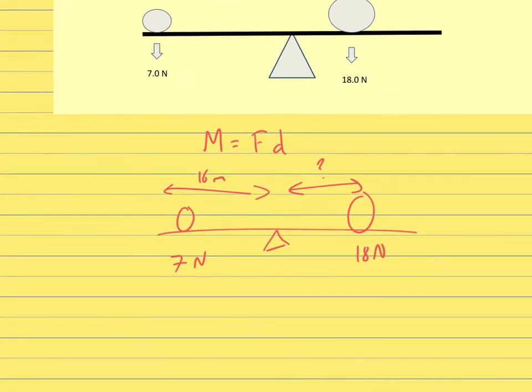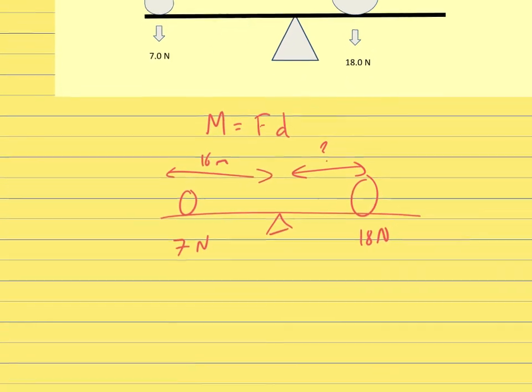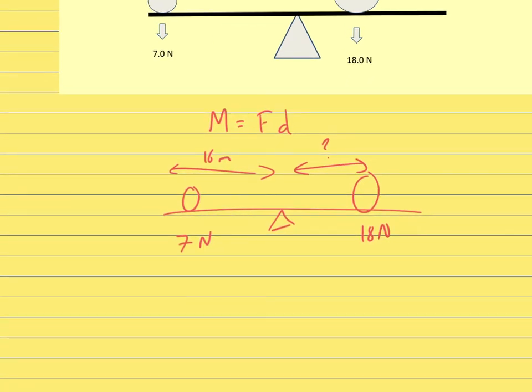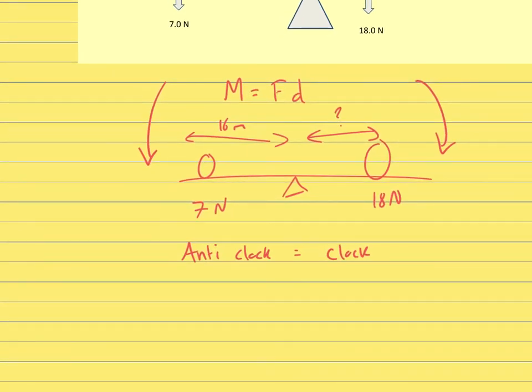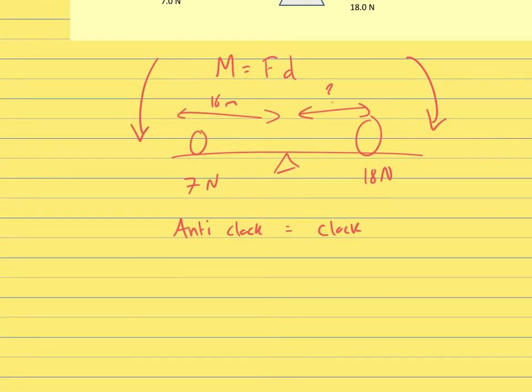So from earlier, we know that an anti-clockwise moment equals the clockwise moment. So this is going to equal this. Just like we would with momentum, we're going to calculate each side, and then we are going to solve.